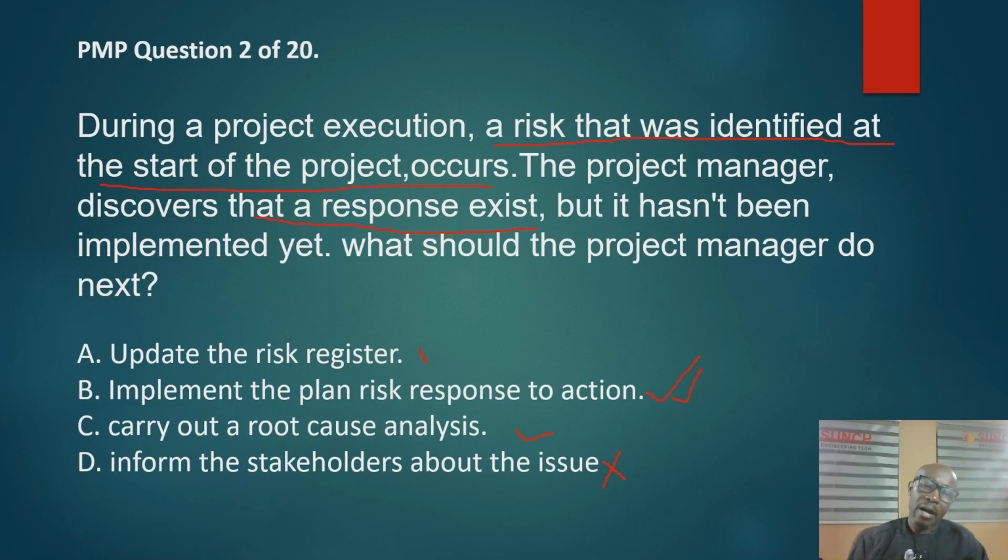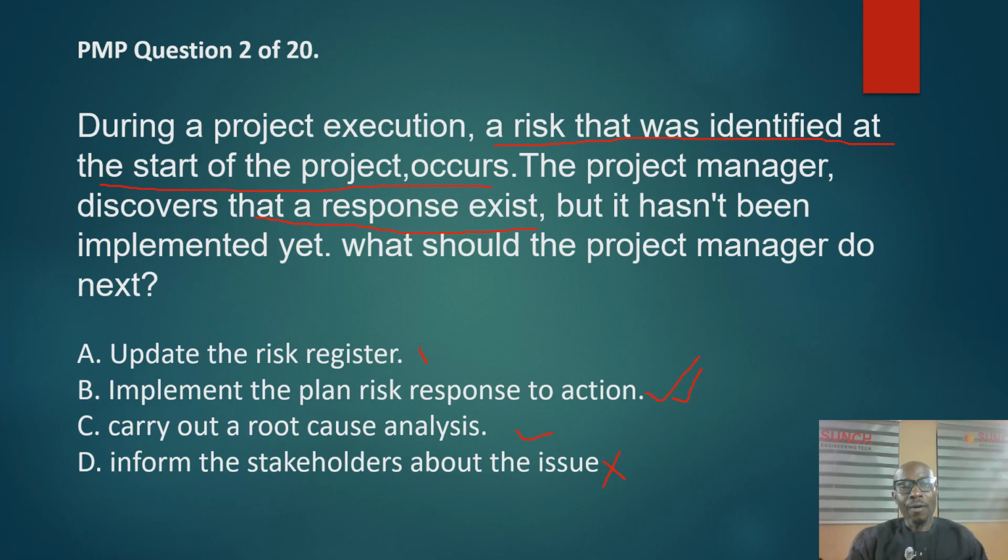You are going to inform the stakeholders, but only after you have solved the problem. That should not be your first option, because you are supposed to be the solution provider as the project manager.